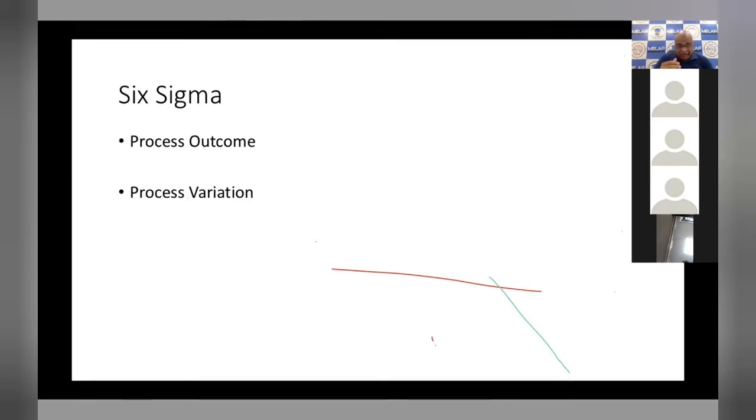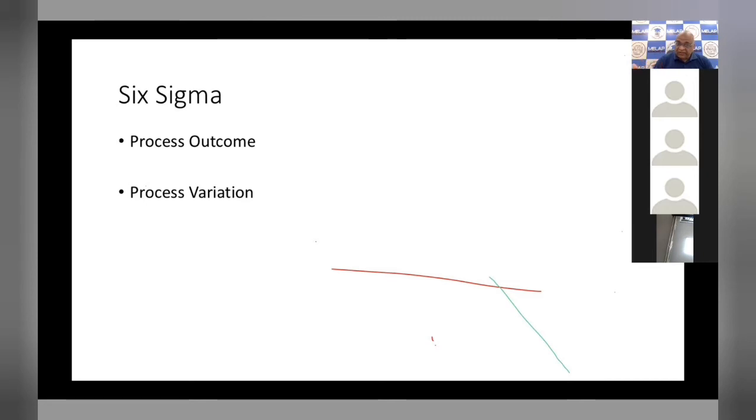And when we apply 6 sigma in a particular activity, number of unlabeled samples received in the laboratory, number of hemolyzed samples received in the laboratory, number of times clot observed in the sample in our laboratory, that is outcome of a process. If you are saying error in typing, in report, in post-examination, that is process outcome.